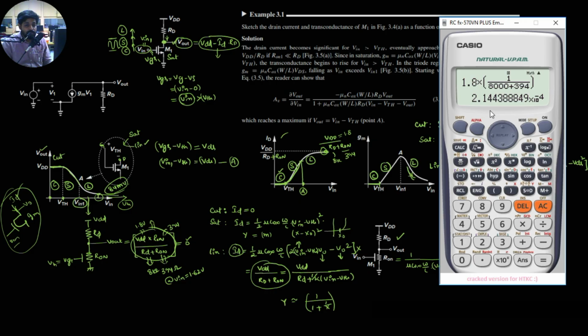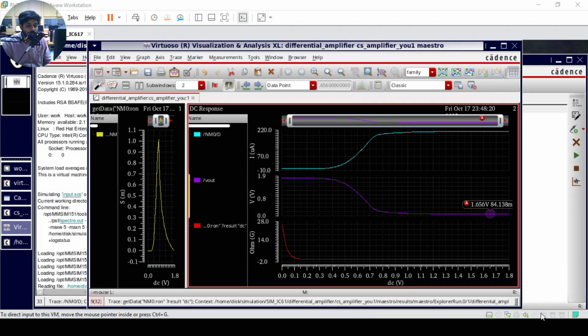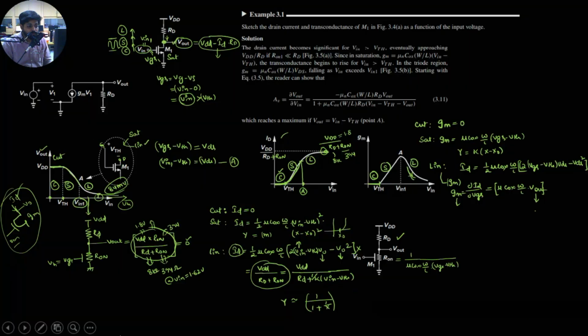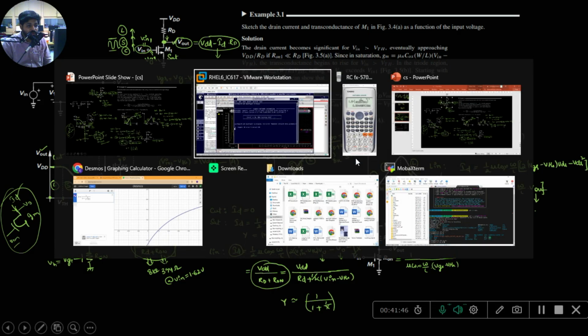This is the value 1.8 by (8 kilo plus 394) that we have to calculate.